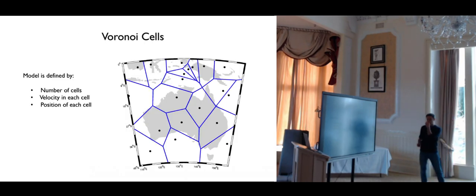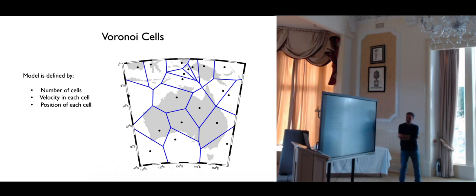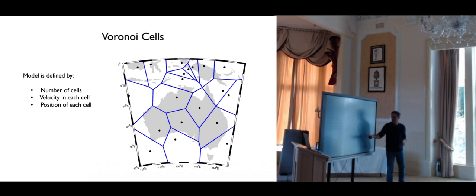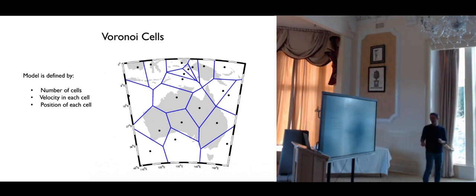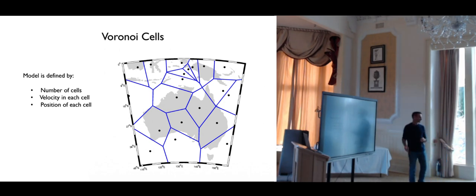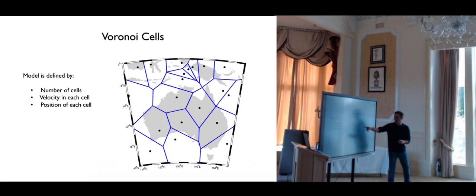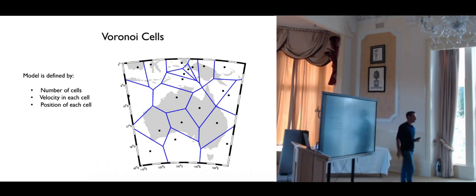And so that's why we use Voronoi cells. Voronoi cells are a way to parameterize the Earth that is quite useful because you just have to define the black dots here, and the velocity is going to be constant in each cell. And the mesh here, the blue lines, are just perpendicular bisectors between each pair of points.